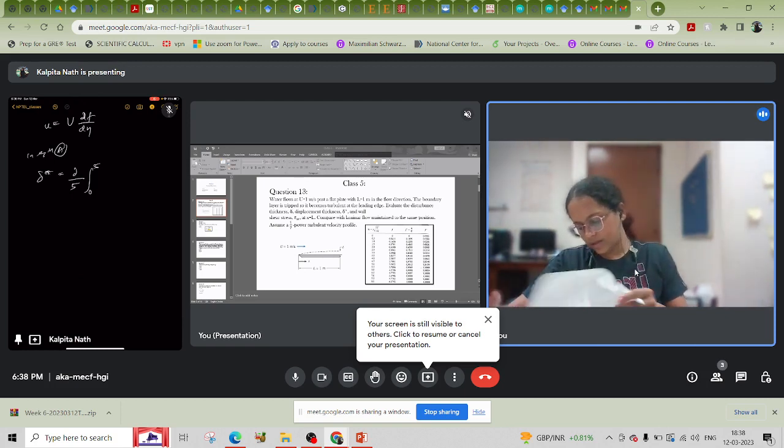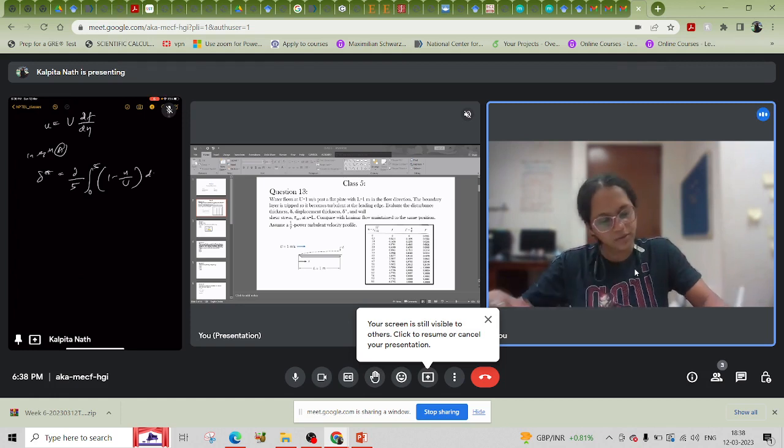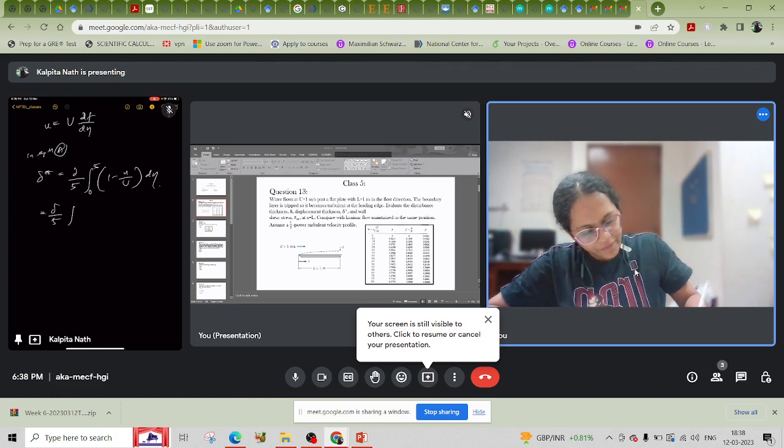What is equation A? Equation A is delta by 5, 0 to 5, 1 minus small u by capital U d eta. So this came out to be delta by 5, 0 to 5, 1 minus df d eta d eta.